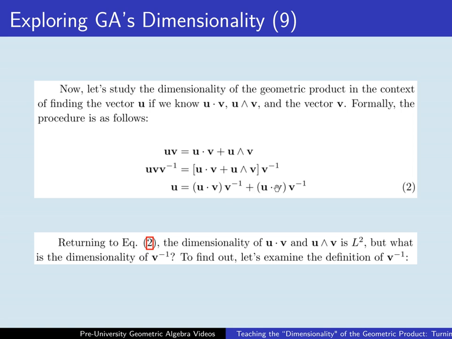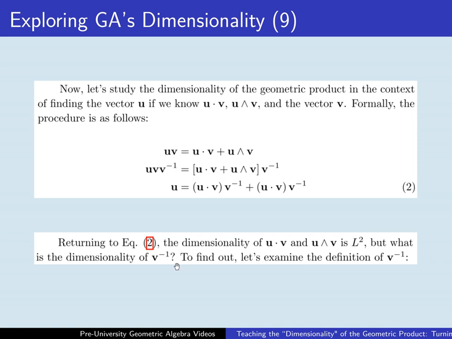Of course, I should mention that this is supposed to be a u wedge v, and that also has dimensionality L squared. So what is the dimensionality of the multiplicative inverse of v? Again, this is something that the students might balk at, what is going on here. So we want to be able to show that to them, and it will be of lasting benefit.